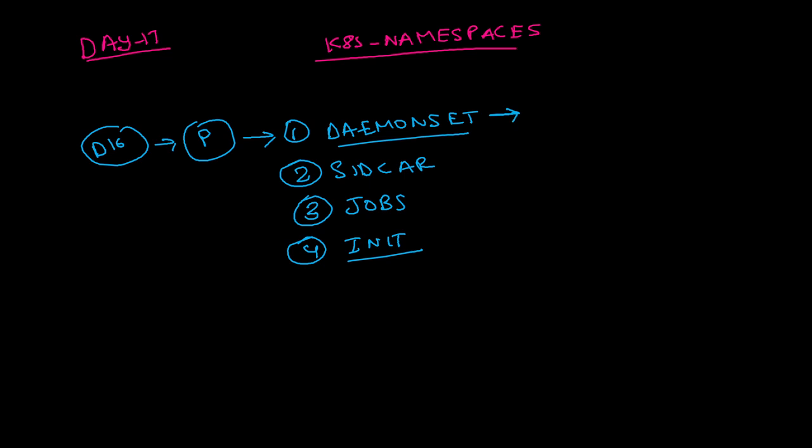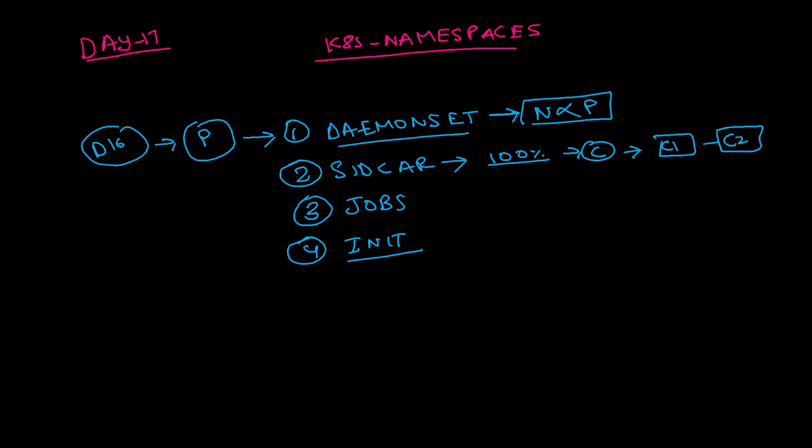In DaemonSet, the number of nodes is directly proportional to the pods. In Sidecar Container, rather than 100% of the workload going to a single container, we have distributed the workload into two containers, I will say C1 and C2, inside the pod only.